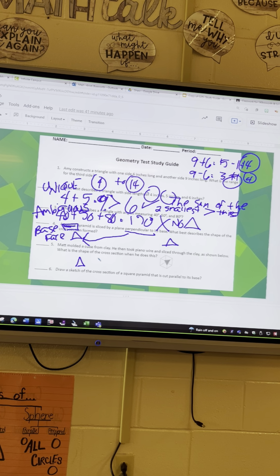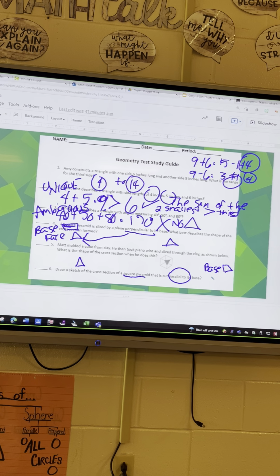Draw a sketch of the cross section of a square pyramid that is cut parallel to the base. So a square pyramid that is cut parallel to the base. All right, so the base here is going to be a square.